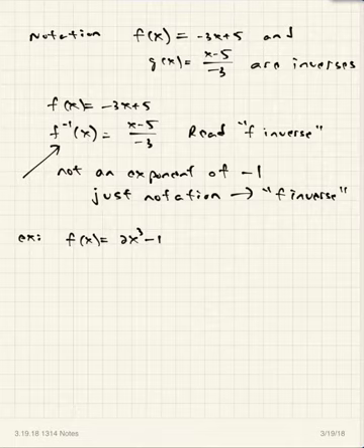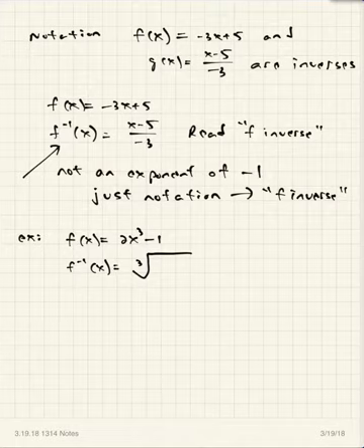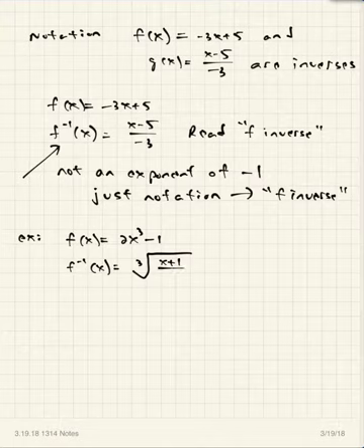Then the inverse of this function, f inverse, is the cube root of x plus 1 over 2, like that. It took me a second to make sure I wrote it down correctly. So that would be the cube root of x plus 1 over 2. Those two functions are inverses.